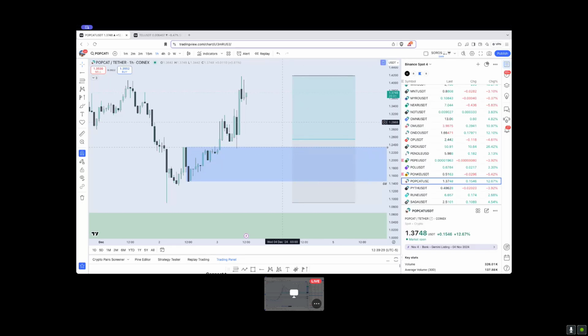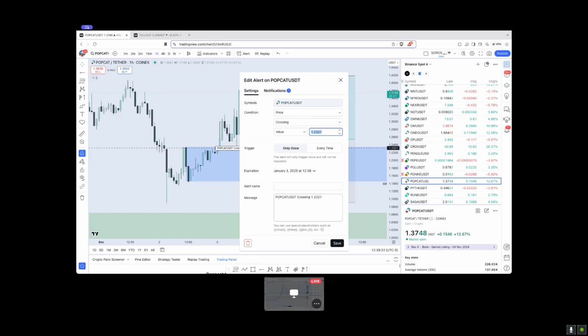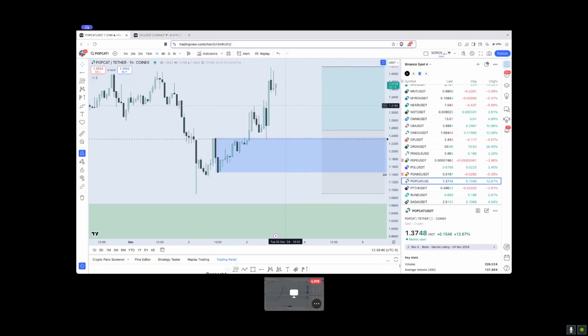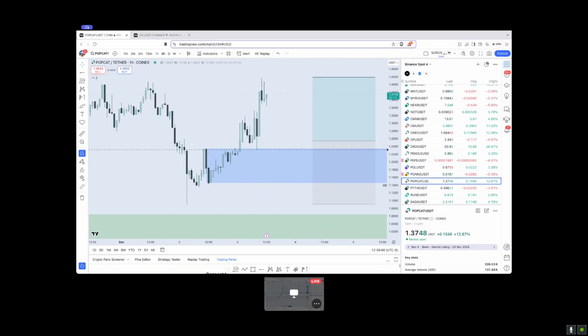I always do this on stream where I'll identify the trade and then forget to put an alert. The idea is not to just automatically long, but wait for the reaction to confirm that there are people in that zone that are bidding.